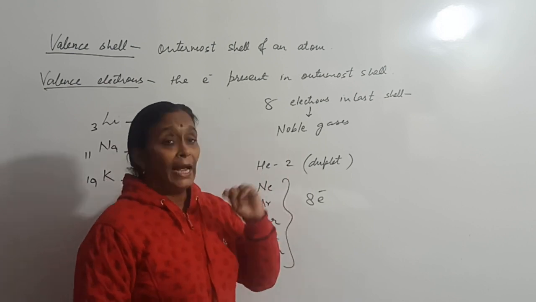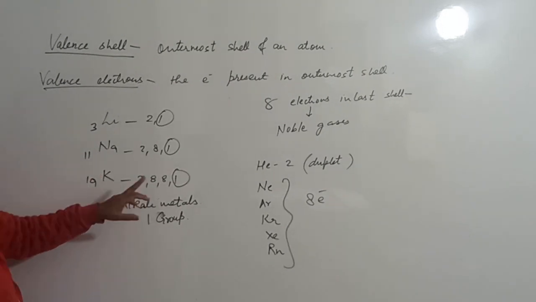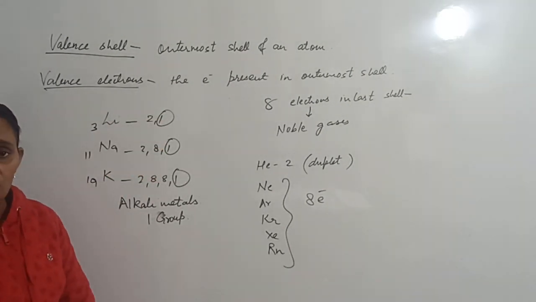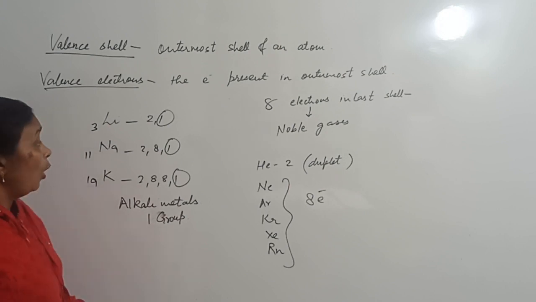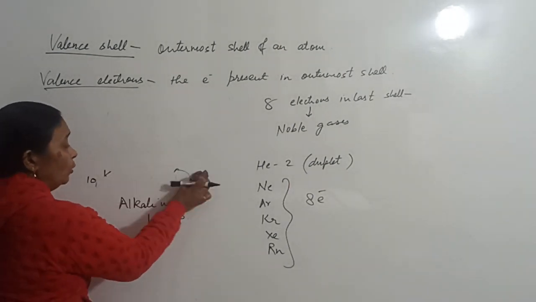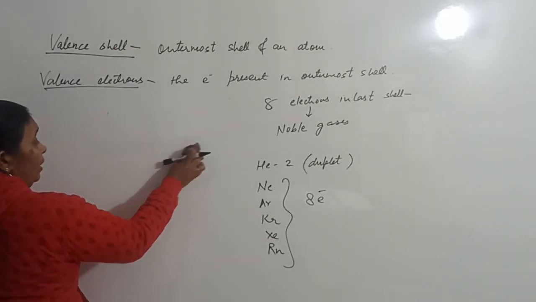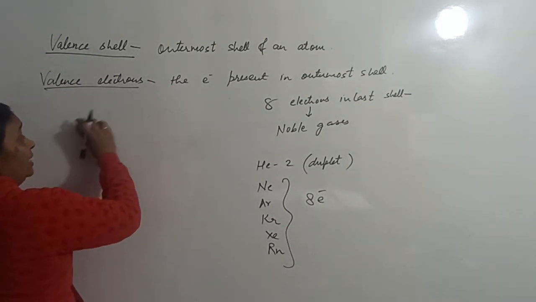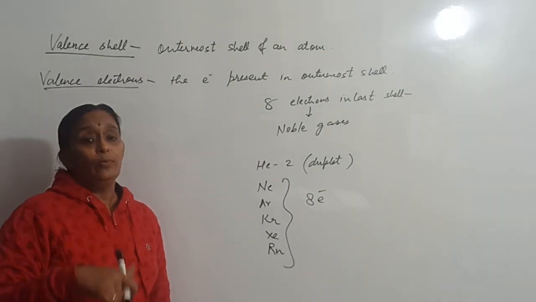Now the other atoms, which have less than 8 electrons in the outermost shell, like chlorine, like oxygen, or like hydrogen, which has 1 electron in the outermost shell. Hydrogen, having one shell and 1 electron in it, can become stable if it gains 1 more electron. Its duplet will be completed if it gains 1 more electron.